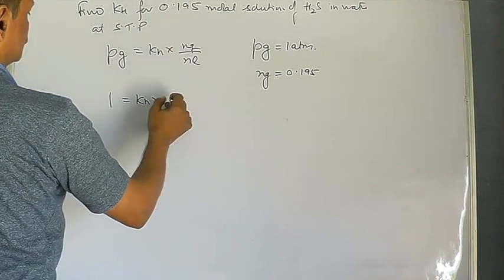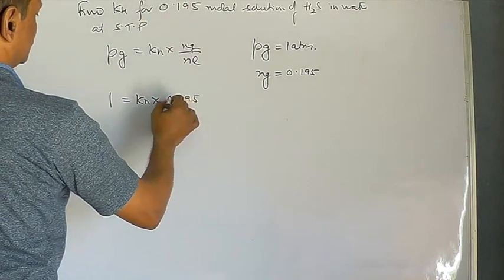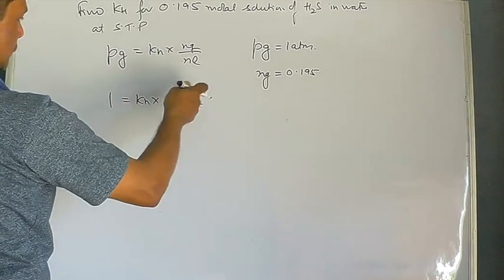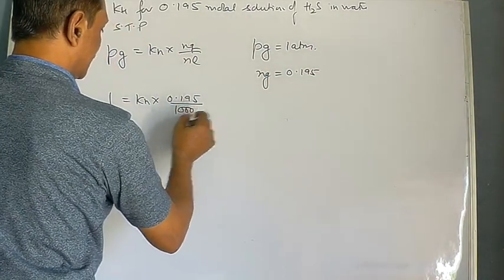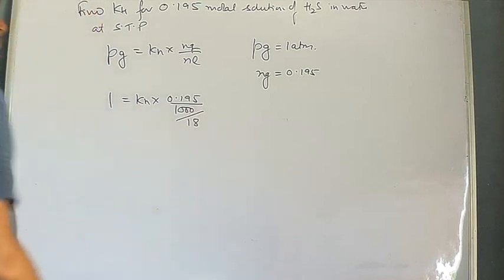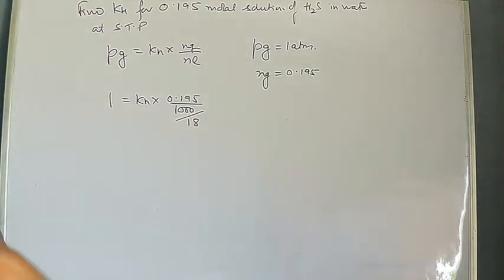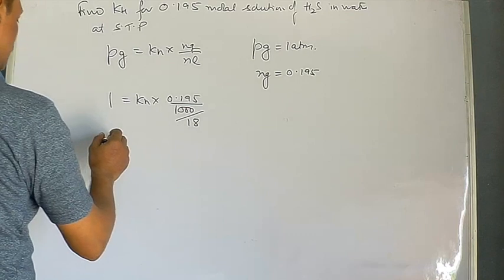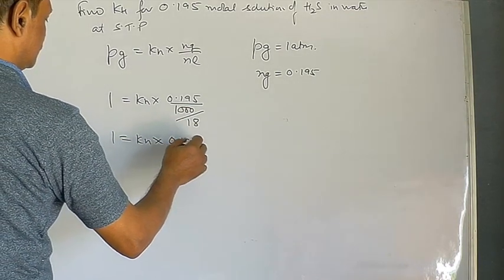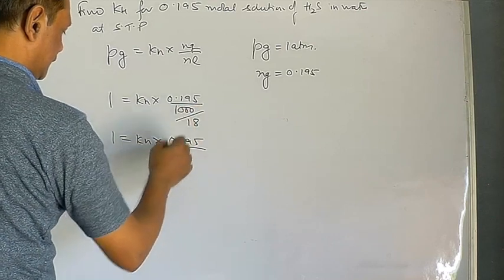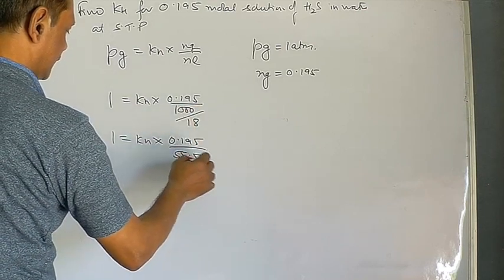Number of moles of gas 0.195, and number of moles of liquid: weight is 1000 gram, divided by its molecular weight, 18, that gives you 55.55. So I write again 1 equals KH into 0.195 upon 55.55.